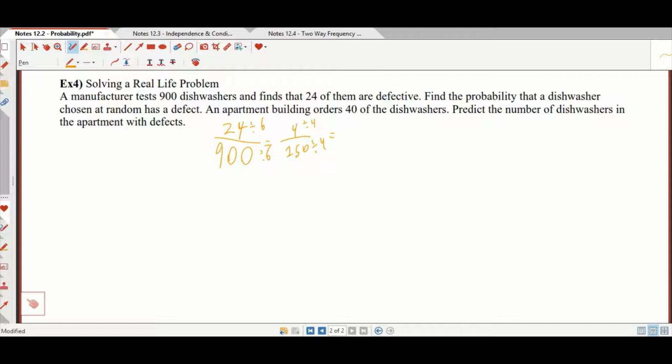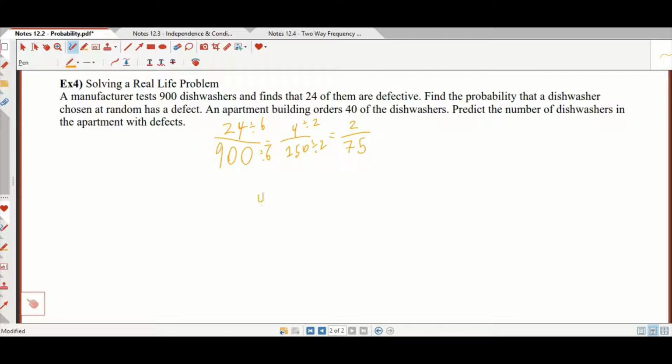Oh, no, I can't. I'm going to have to just reduce that by 2, which gives me 2 over 75. So 2 out of 75, because 150 divided by 2 is 75, right? Let's make sure. Yeah. 2 out of 75 dishwashers are defective.